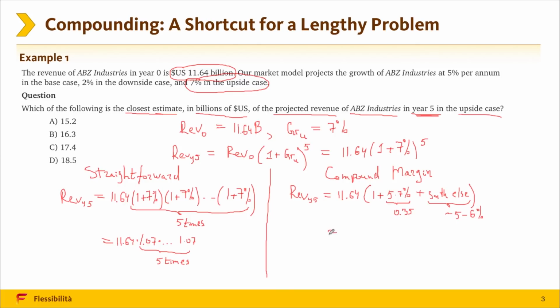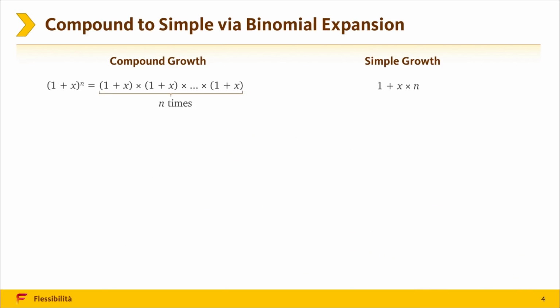So the result would be roughly 11.64 times 1.4. And then the calculation becomes quite easy, right? And so we are ready to pick our option here. Our choice is B.